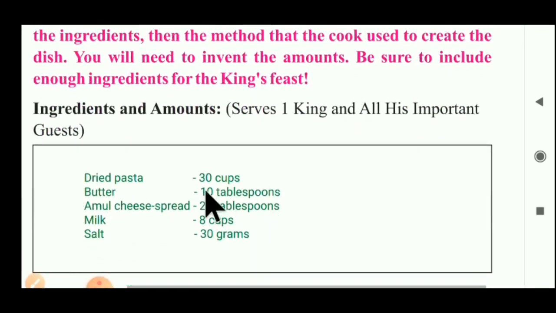So here ingredients and amounts are given, to serve one king and all his important guests. For how many persons do we have to make that avial? For one king and all his important guests.